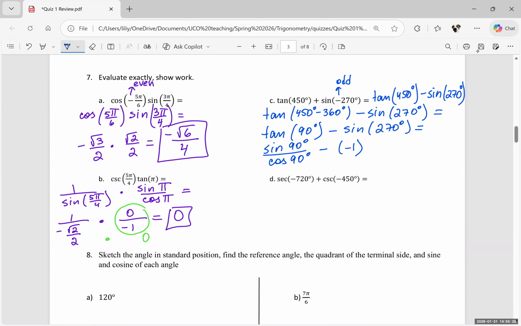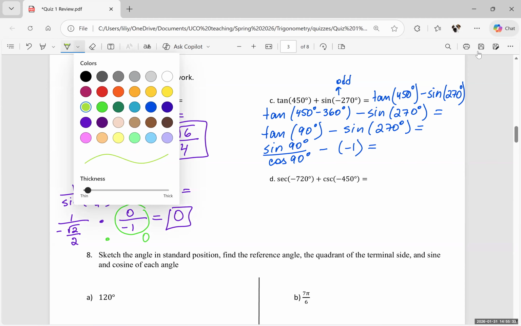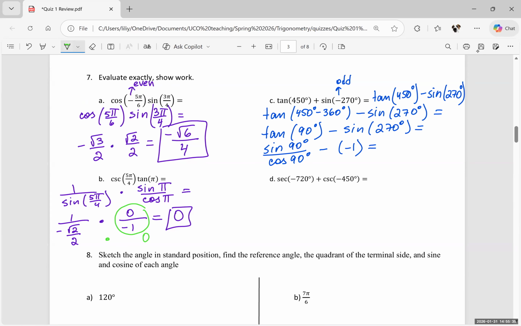But what we have here, sine at 90 degrees is 1, but cosine at 90 degrees is 0. So 1 divided by 0 is going to be undefined. And since at least one answer was undefined here, the whole problem is going to be undefined.